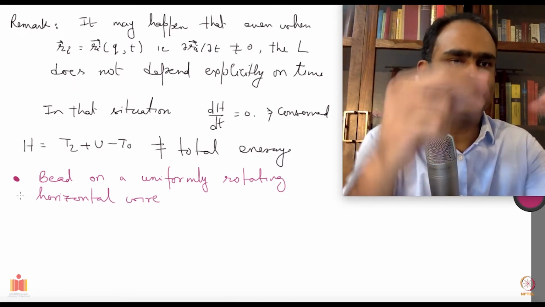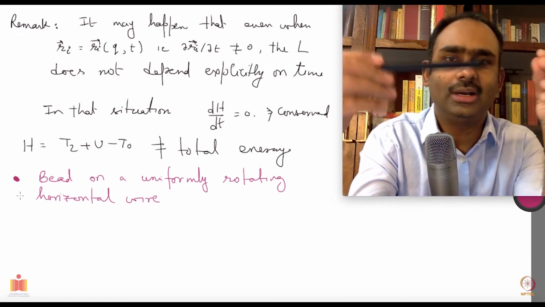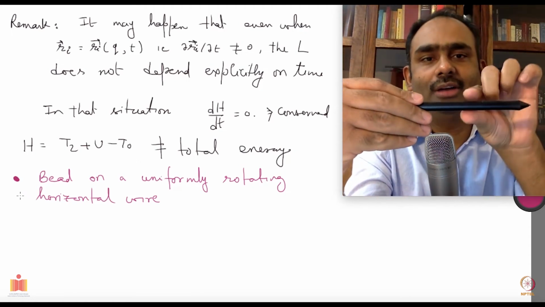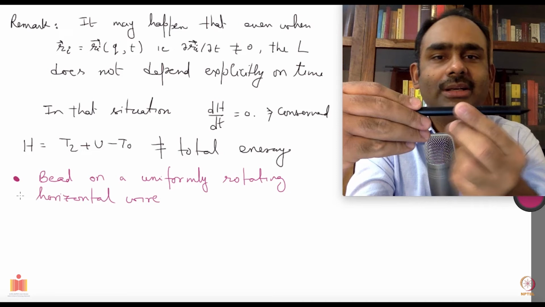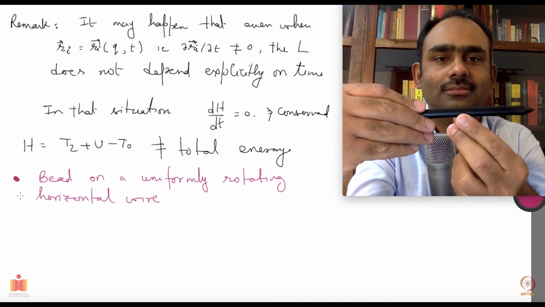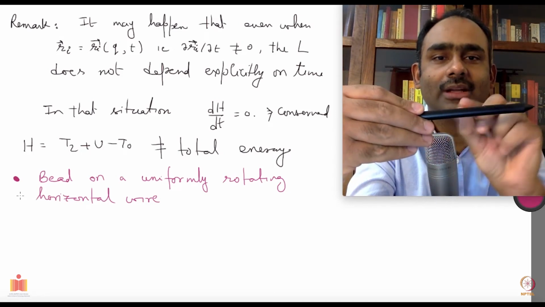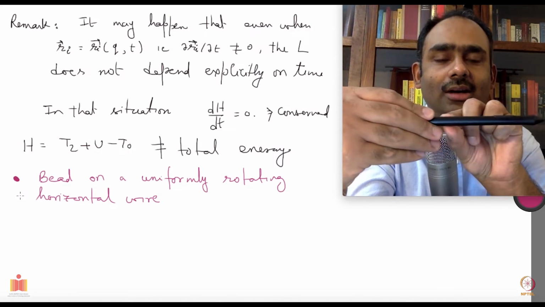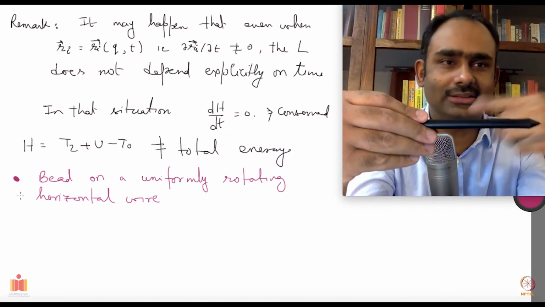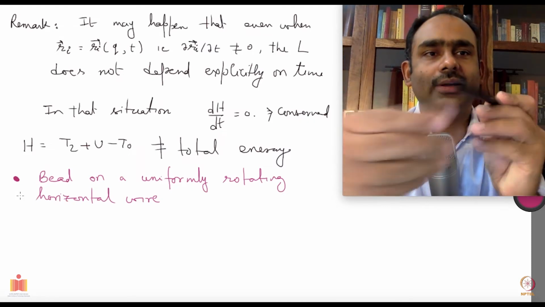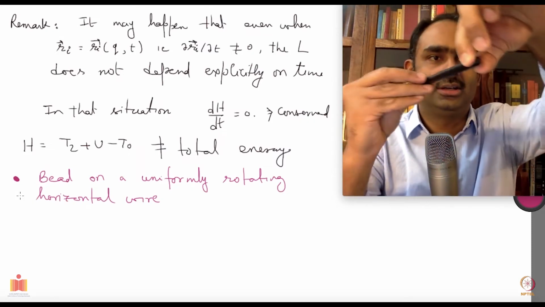So the situation is this. Let's say you have this wire which goes to infinity, and you have a bead here. Bead is like mala mein moti. So it can slide along this wire. So imagine a thin wire, not this thick pen, and this thing is moving about this fixed point uniformly.